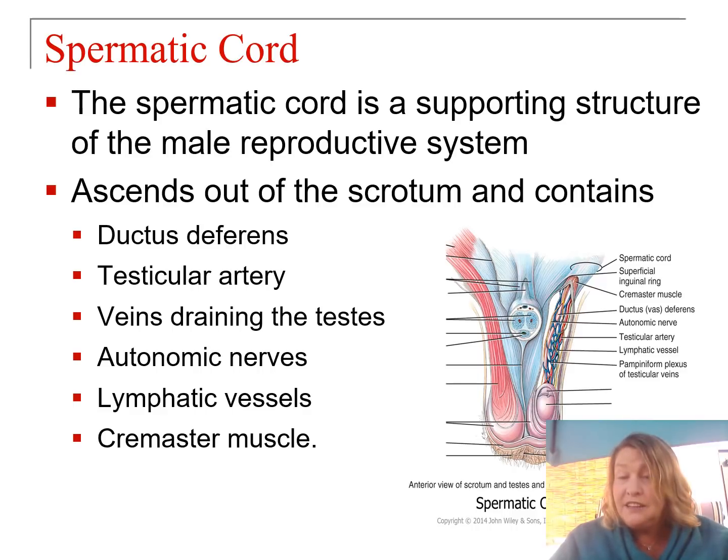The veins, there's numerous ones that drain the testes. It has the autonomic nervous system, and you're going to see why that's important shortly. There's lymphatic vessels, and of course the cremaster muscle is part of the spermatic cord, and that moves the scrotum up towards the body or down away from the pelvis, given the temperature.